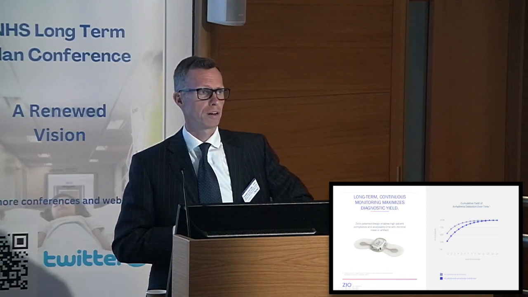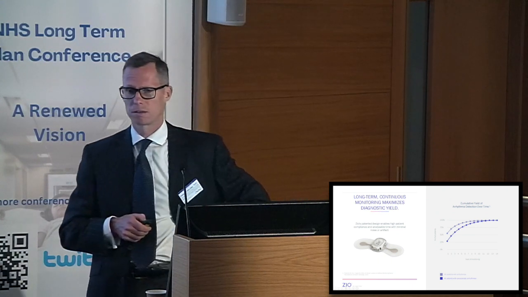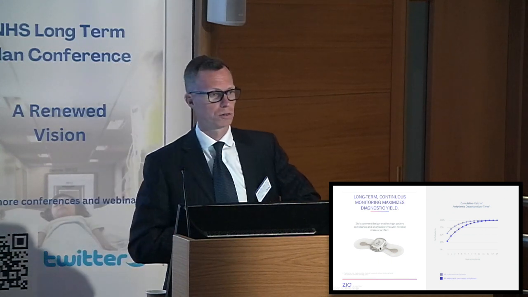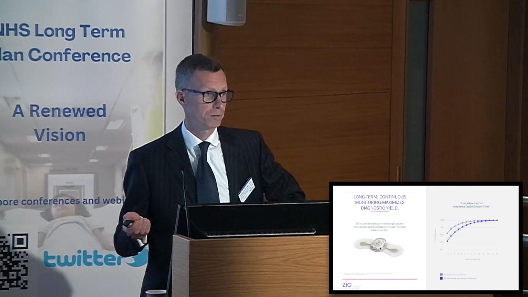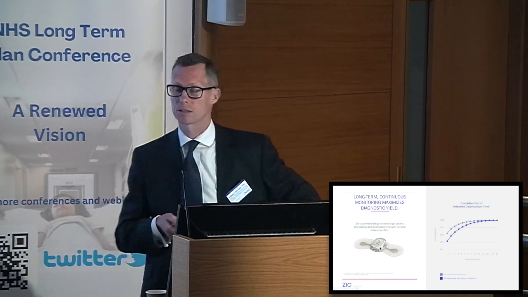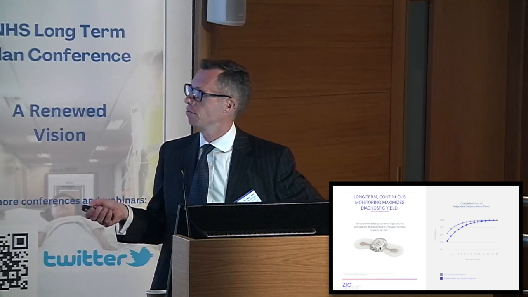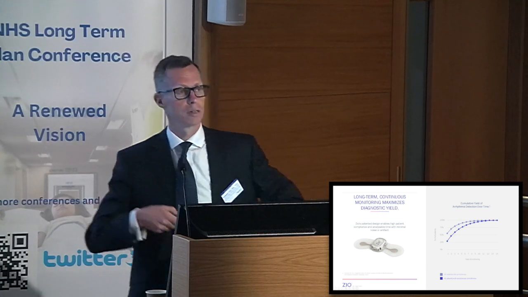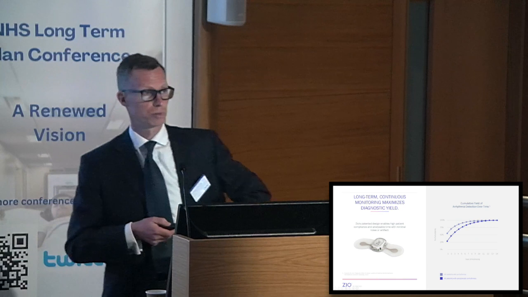So 75% of these Holter monitors wouldn't detect someone who's got symptomatic arrhythmias because they don't have them during that 24-hour period of their life. It's too short a period of detection. It's slightly higher, it's 50% for asymptomatic, because then you may be detecting all sorts of other bits and bobs.